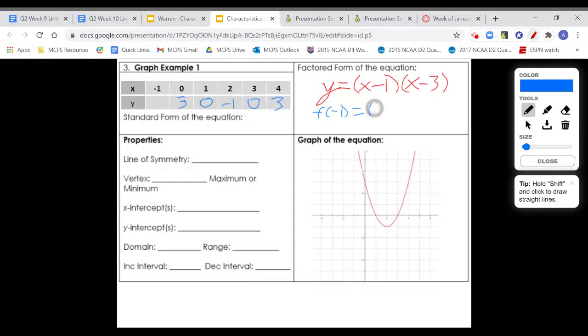So I'm just going to plug -1 in. Okay, I replaced my x's with -1s, and then I'm just going to simplify. -1 minus 1 is -2, -1 minus 3 is -4, and -2 times -4 gives me 8. And so my y value is 8. And that is basically it for the chart.